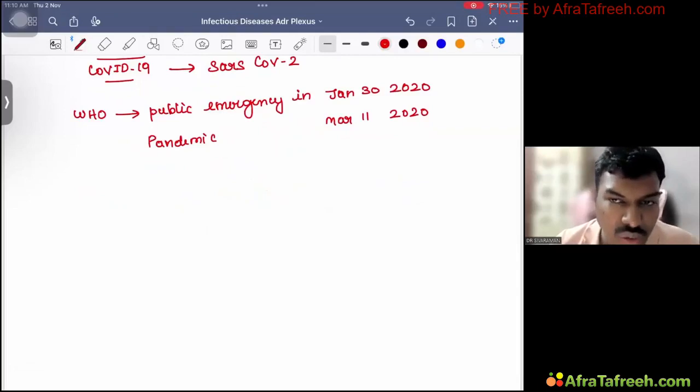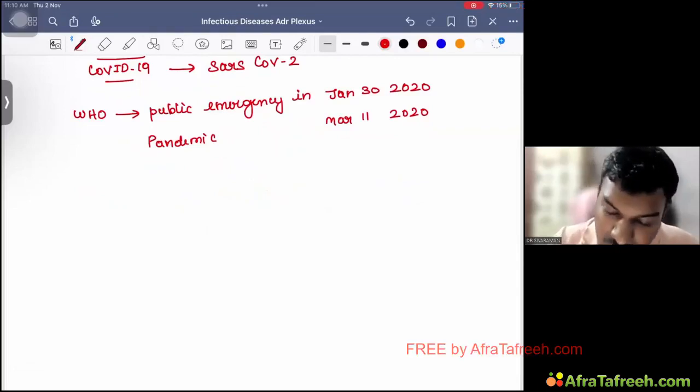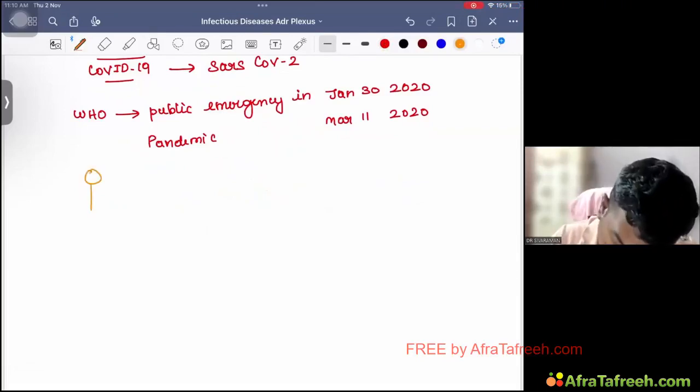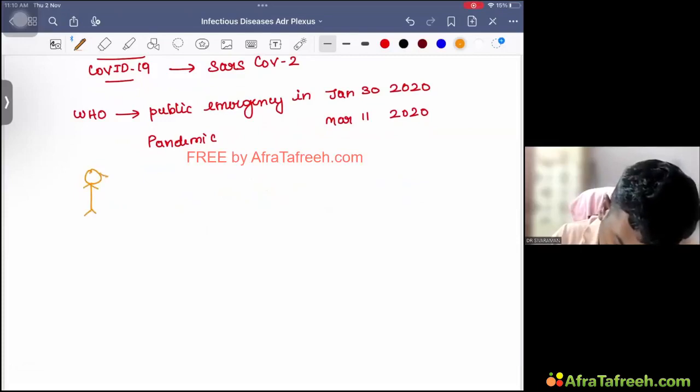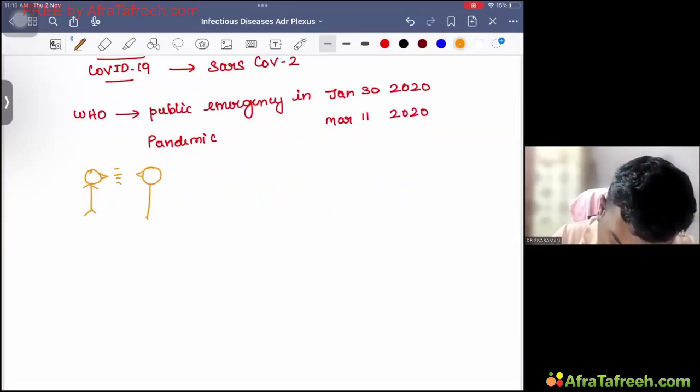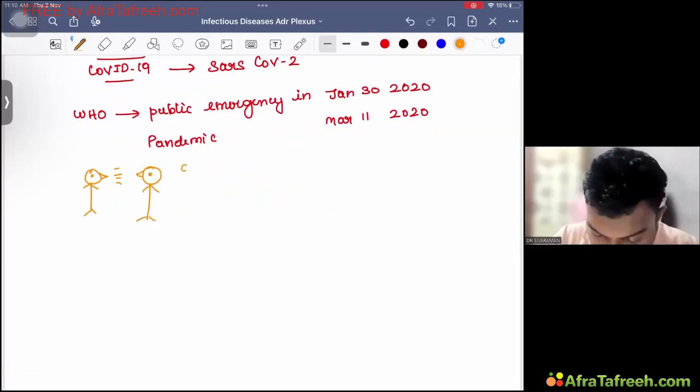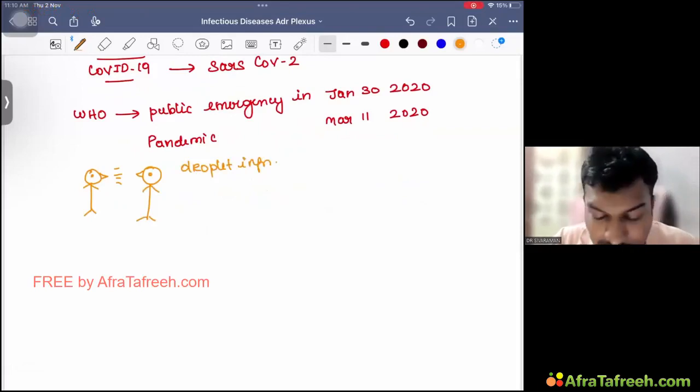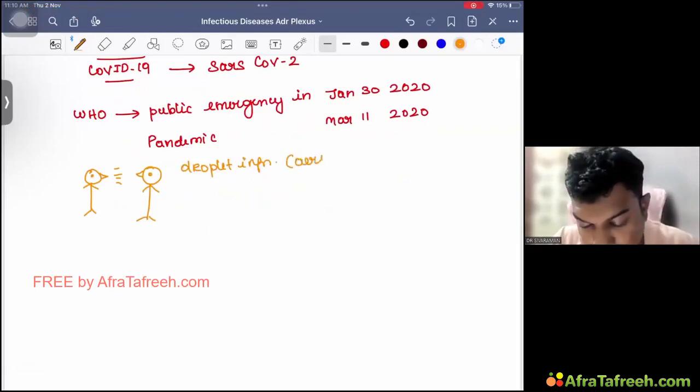So how does this disease spread? This disease spreads from person to person by droplet infection, which is generated through aerosols.